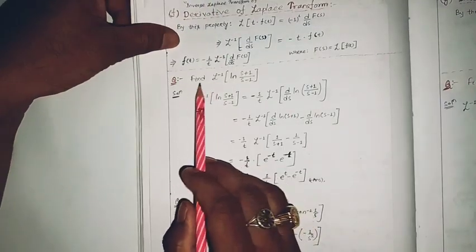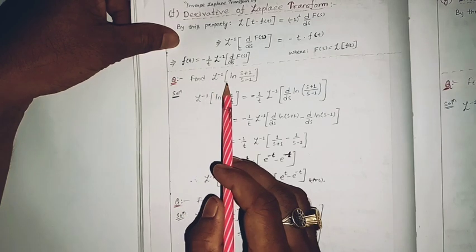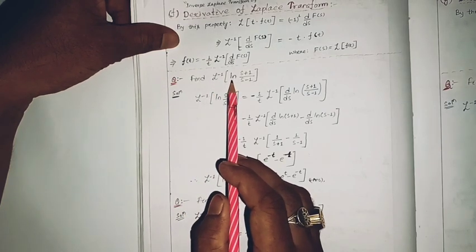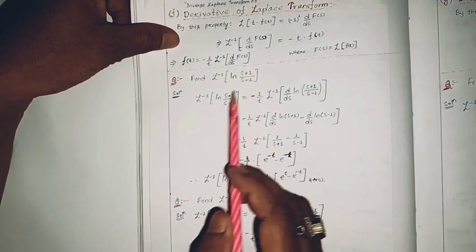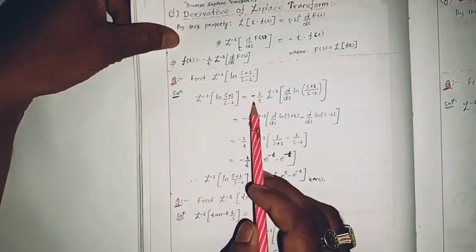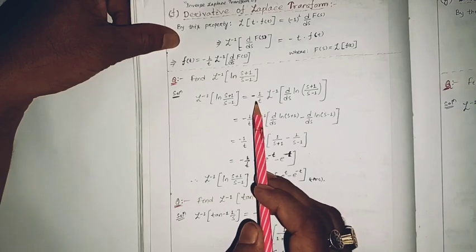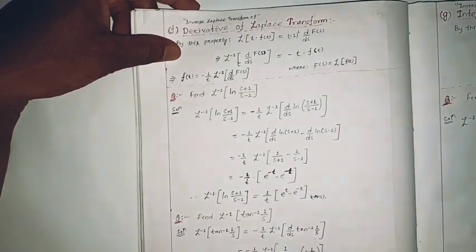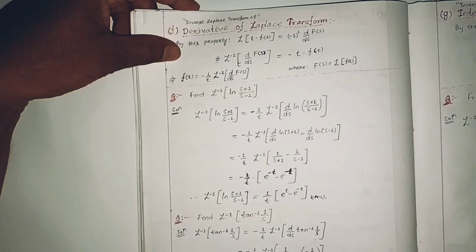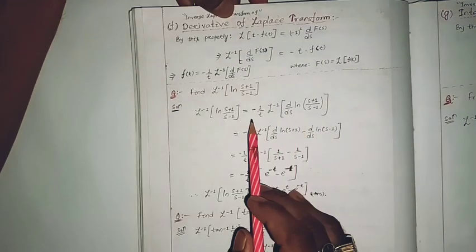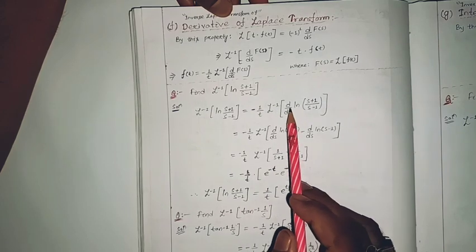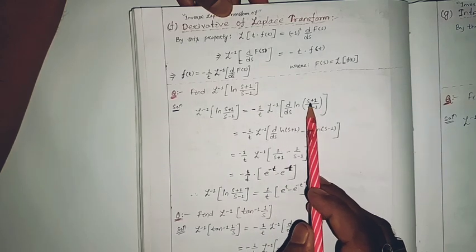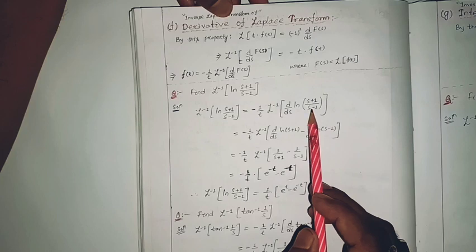We have to find the inverse Laplace transform of ln of s plus 1 by s minus 1. The inverse Laplace transform of this will be equal to minus 1 by t times the inverse Laplace transform of d by ds of ln of s plus 1 by s minus 1.